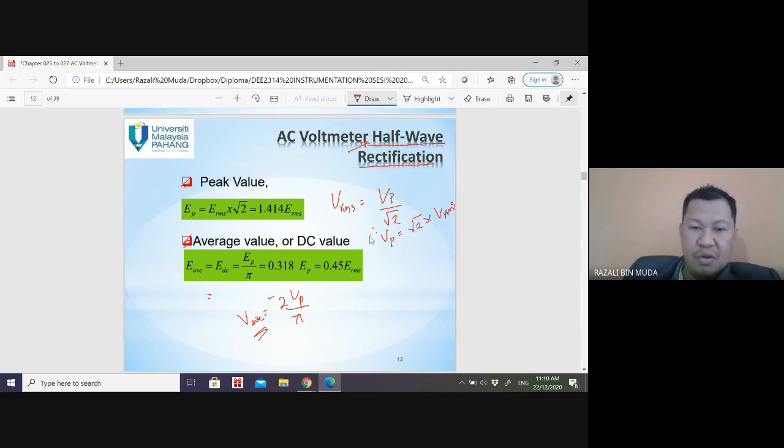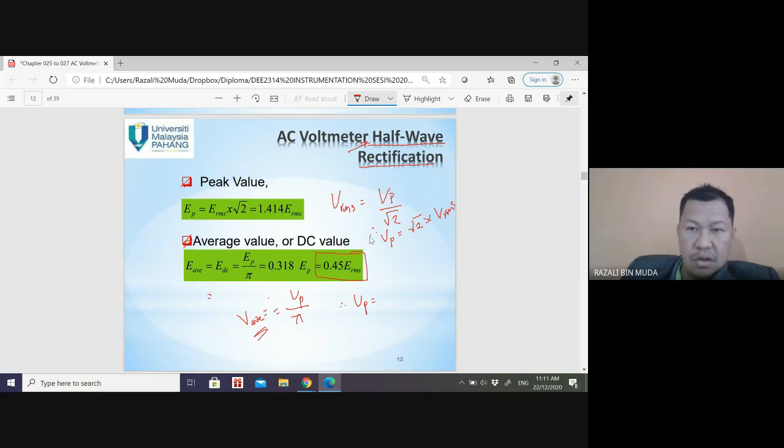which is for full wave. But for half wave, you have only one, so the average is Vp over pi. If you convert that to VRMS, we get this equation.